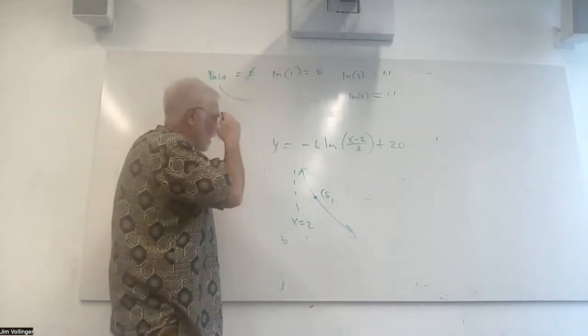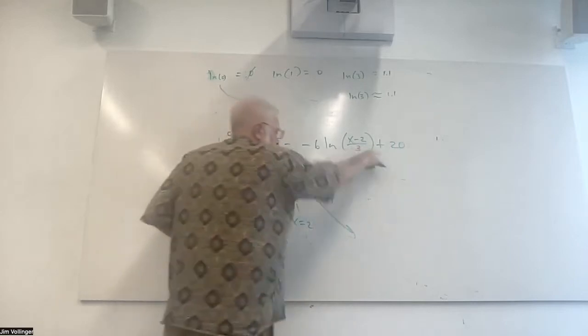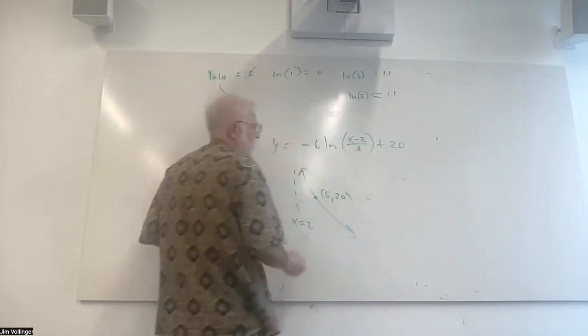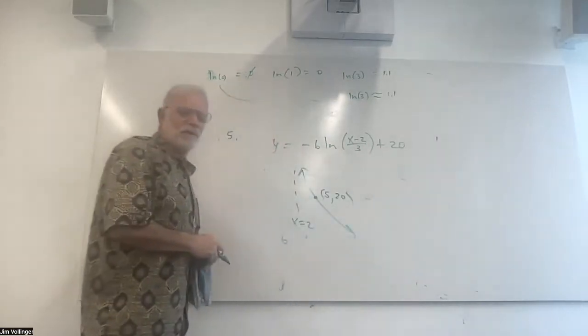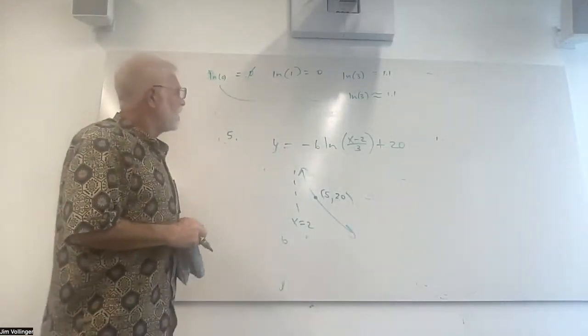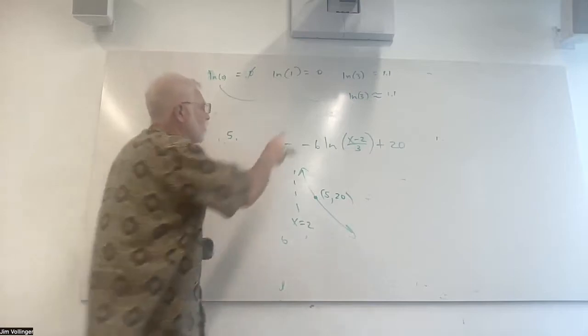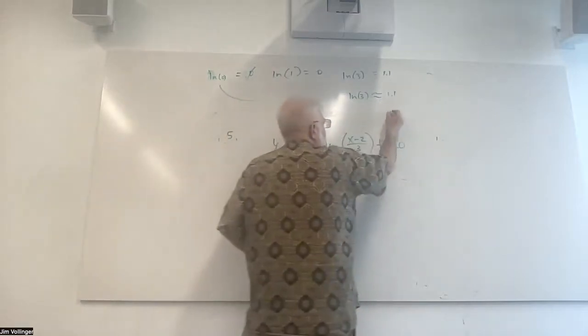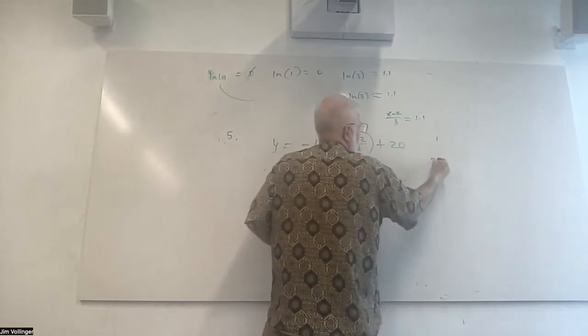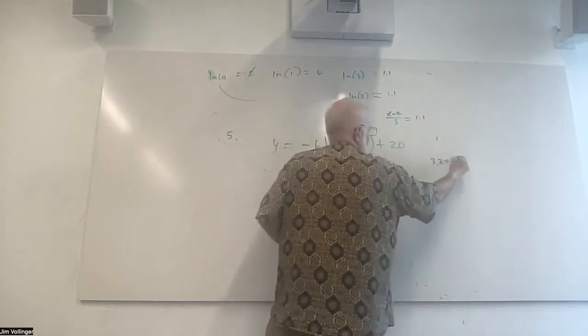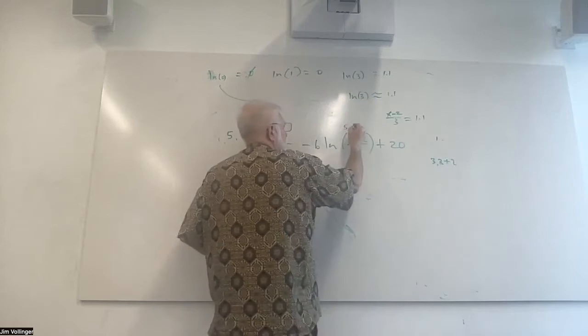Okay. Where was I? So 5 gets me a 20. I mean, I know that when I make this a 1, I get that. I've seen that pattern emerge, so I'll just go to it. And now I wanted to get this to equal 1.1. So over here, I'll take my time with it. 1.1. Okay, well, that's 3.3 plus 2. All right, 5.3.